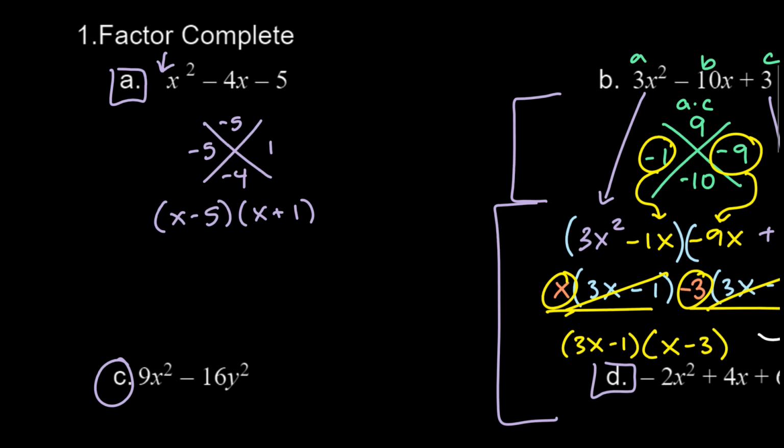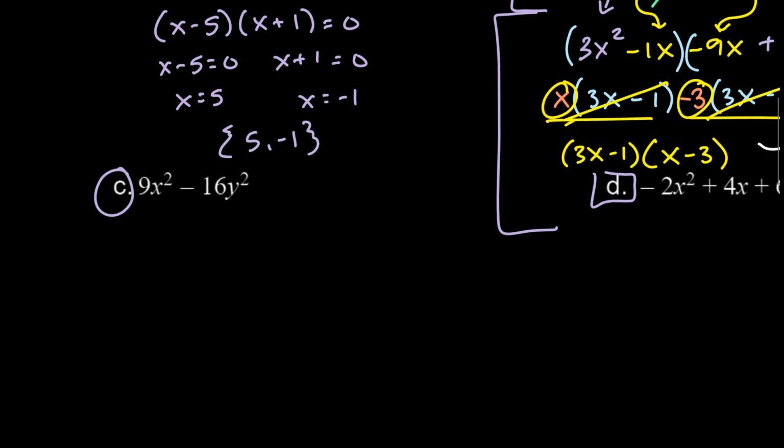Because there is no A, I didn't need to bring down the first term, bring down the last term. We don't have to do that. And now to get the solutions, we just set each one equal to 0. So we have X equals 5 and X equals negative 1. That should have been our solution set there.